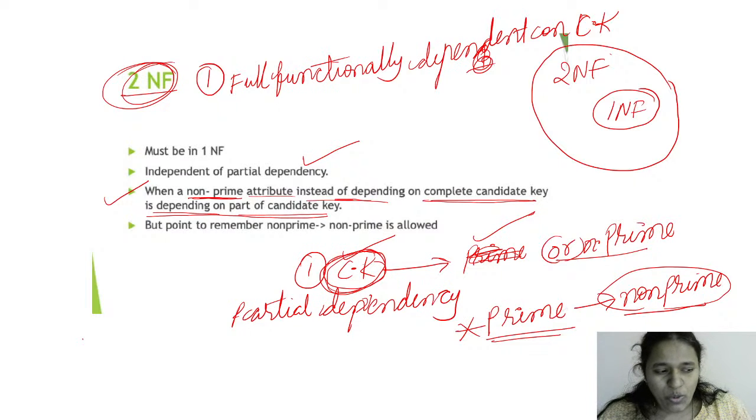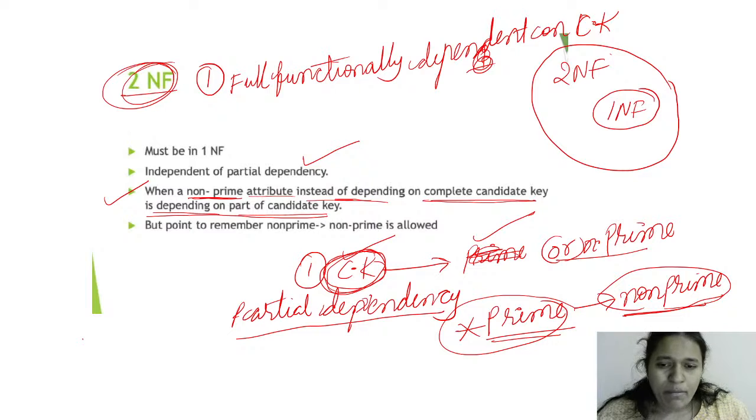You have to remember that partial dependency means part of the candidate key should not determine a non-prime attribute. Prime to non-prime is not allowed. That is called partial dependency.